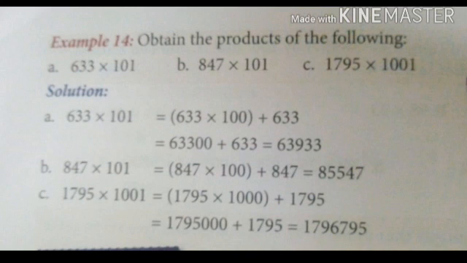In the same way, C is given here: 1,795 into 1,001. 1,001 given means we take 1,000 plus 1. So 1,795 into 1000 plus 1,795 gives the final answer, that is 1796795.